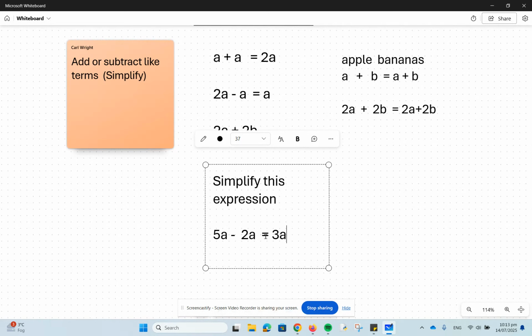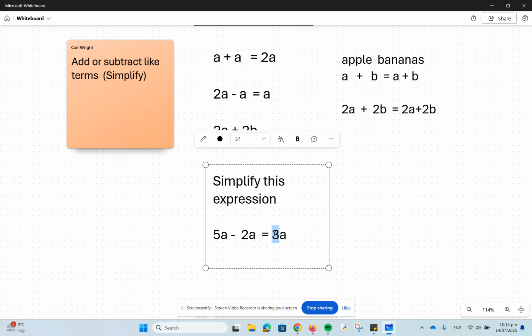Do you notice that the letter and the power is the same in the answer? That's to the power of 1, and that's to the power of 1, and that's to the power of 1. So the letter in the answer, when you're simplifying an expression, and the power doesn't change. You don't add the powers together or anything. They stay the same.